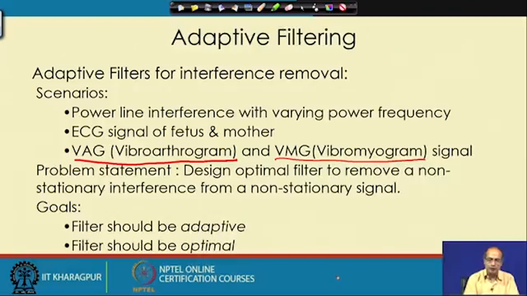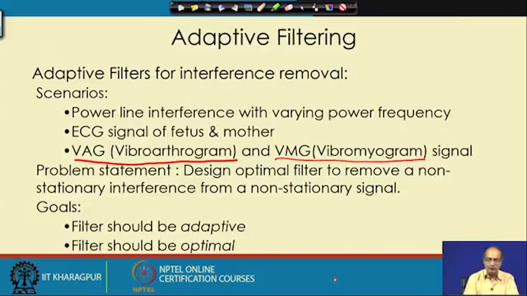So, what we find is that while we are interested to know the amount of noise generated by the knee, or the condition of the vibro orthogram, we are getting another unwanted signal, and both of them are non-stationary, because their generation started when we started moving the knee, and as soon as the movement is completed, they subside.